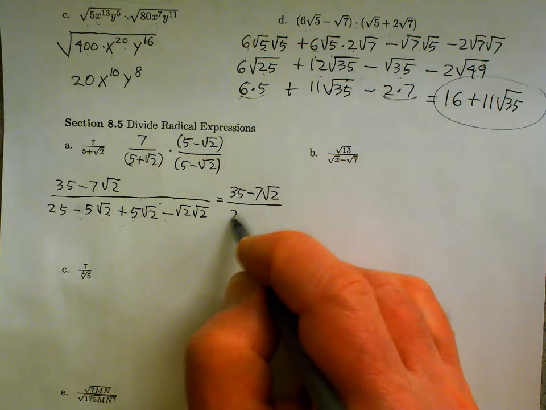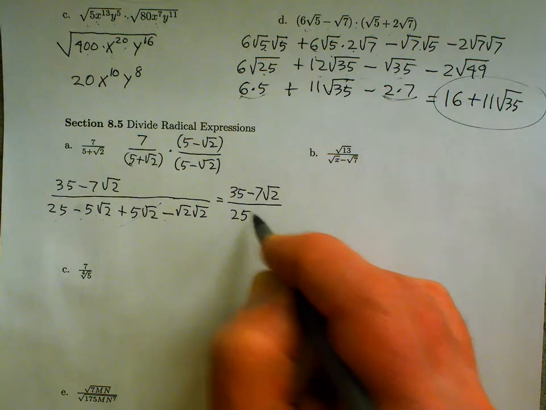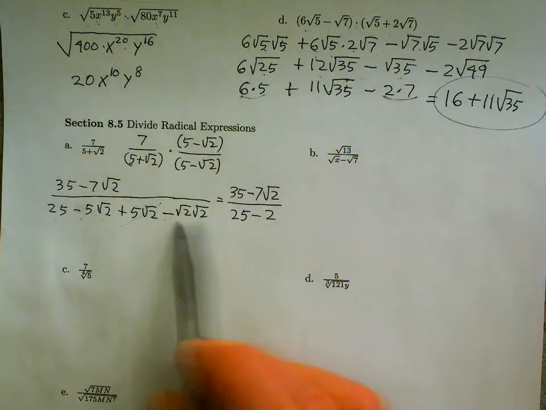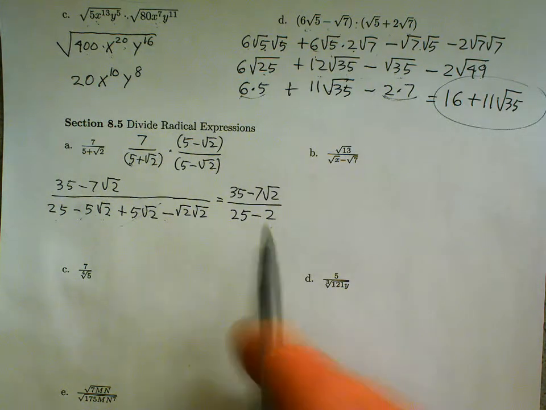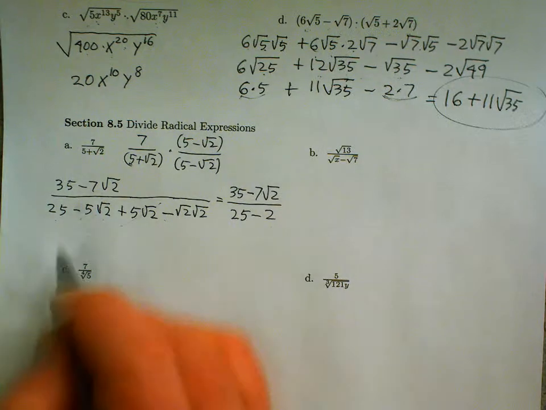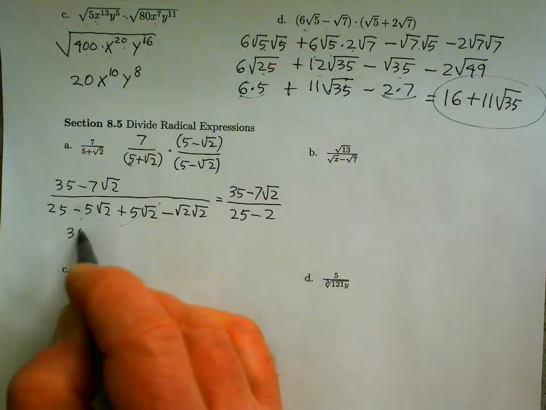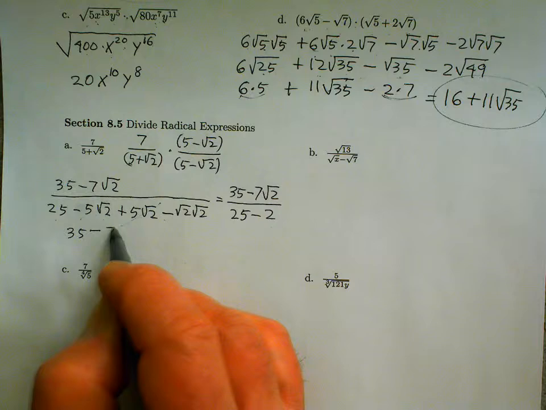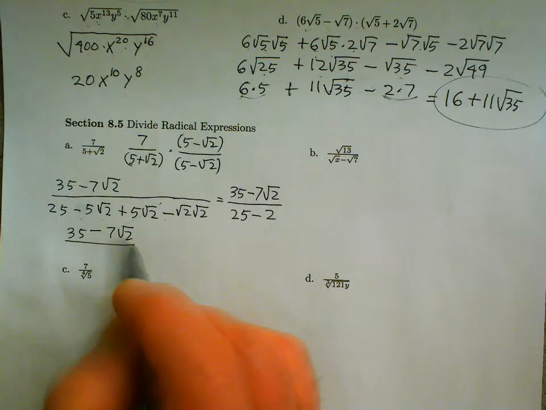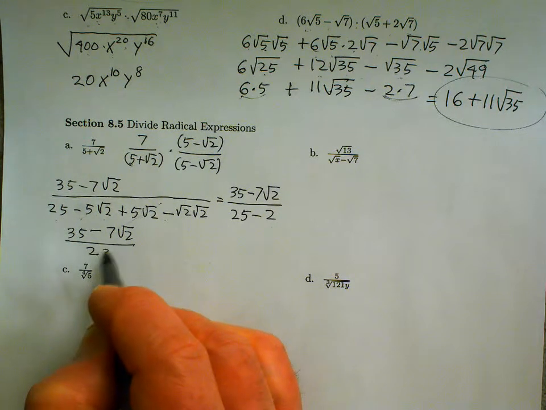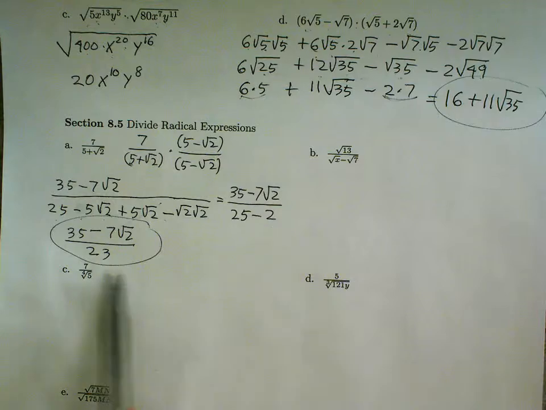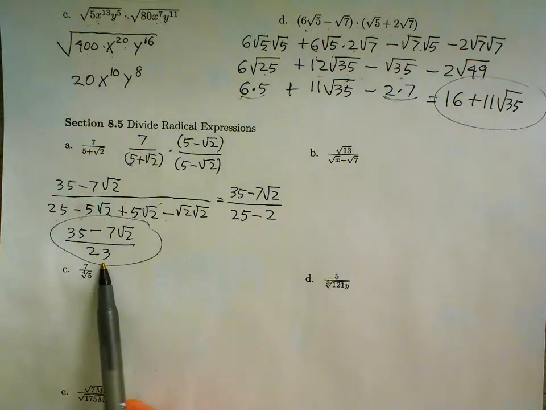I'll go ahead and write it. It's 25 minus 2 because the square root of 4 is 2. And then just one more step, 35 minus 7 times the square root of 2 divided by 23. So we rationalize the denominator.